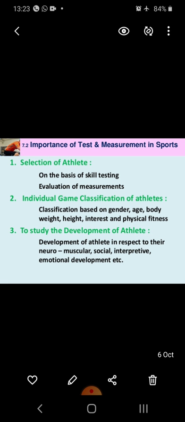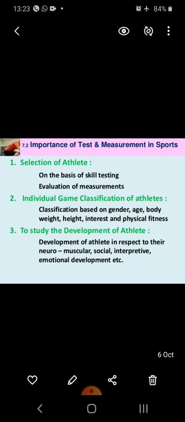We will give them some training, and through conducting tests and measurements we get to know whether the training is helpful for them or not, or whether we need to change their training system. Then only we get to know whether the athlete is improving or not. If it is improving, we will maintain that training only. If it is not improving, what will we do? We will change the training pattern so that it will have a positive effect on the athlete or player.